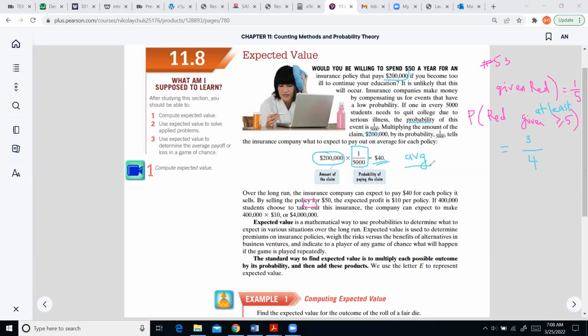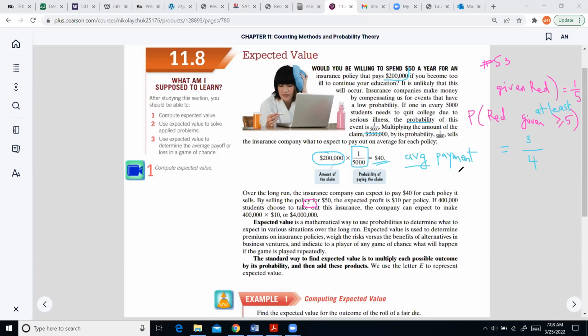I say, how do I expect to get $40? Well, that's what the insurance company expects to pay on average. That's the idea, average payment. And based on that, the insurance company that sells this $200,000 policy will set their policy price, and that should be definitely higher than $40, because otherwise they'll go bankrupt right away.